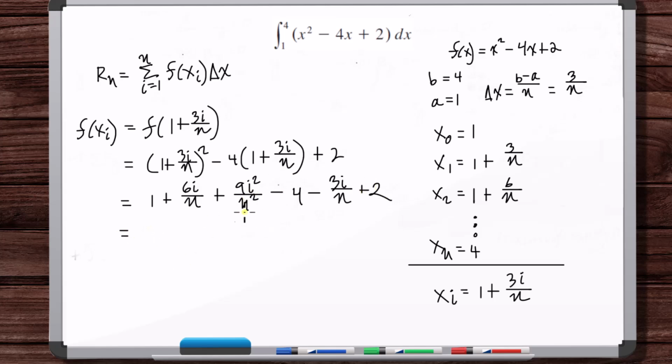Okay, so we've got 1 minus 4 is minus 3 plus 2, so minus 1 plus 6i over n minus 3i over n, and then plus 9i squared divided by n squared. Okay, so now what is f of x sub i times delta x?